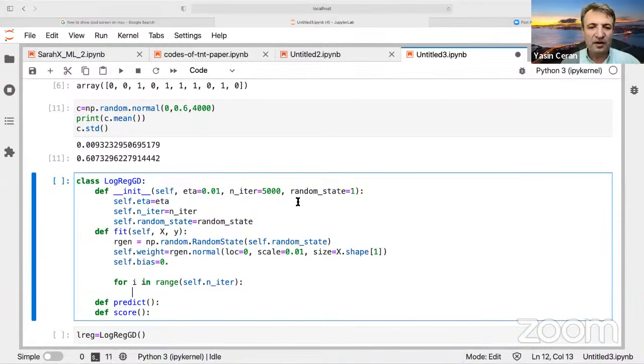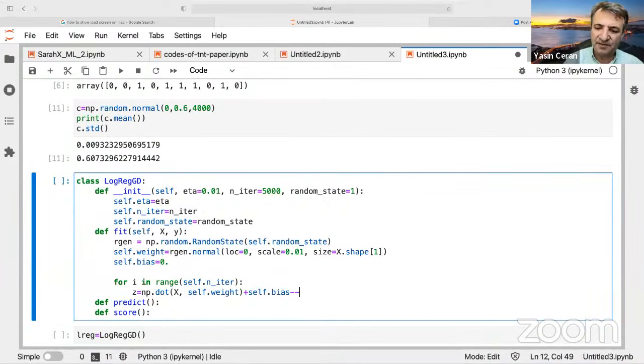First of all, I'm going to find the Z. Remember what Z was? Z equals W transpose times X. So I'm going to find that. Z equals the dot product of X and self.weight, plus self.bias.